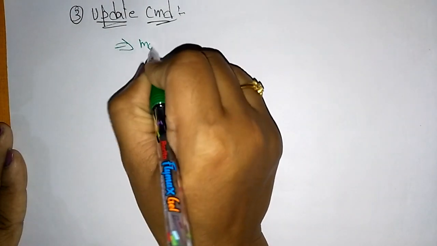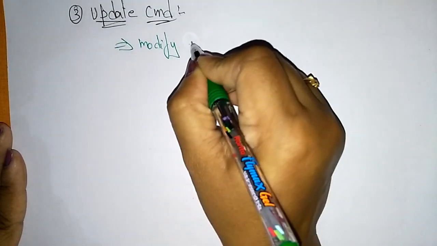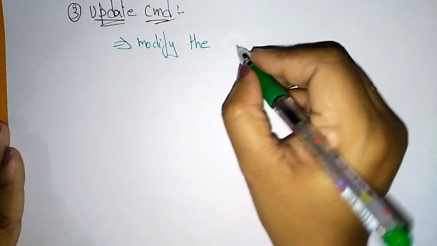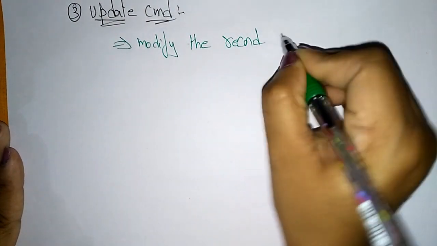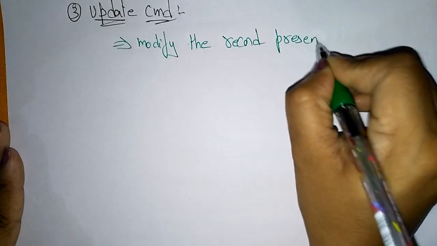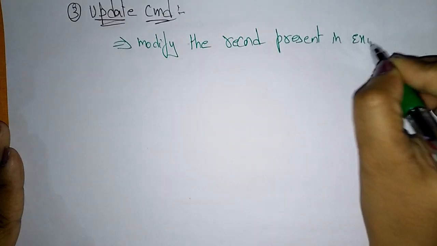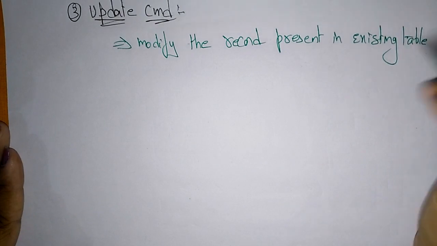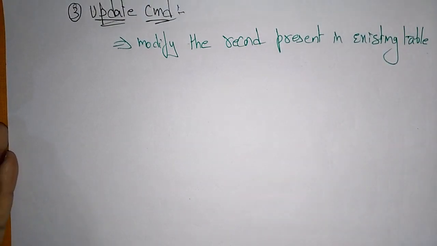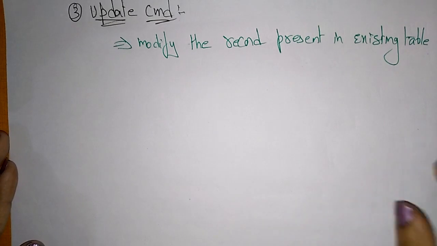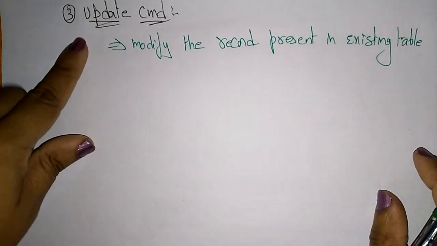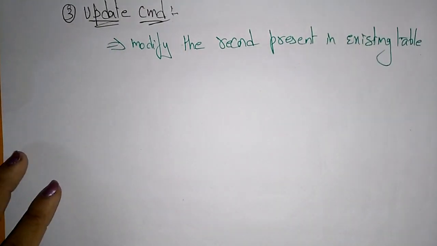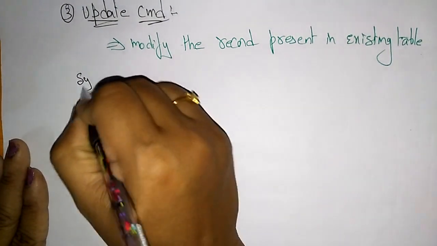It modifies the records present in an existing table. The table was already created and the values are also inserted. If you want to update a record in the existing table, you have to use the update command.